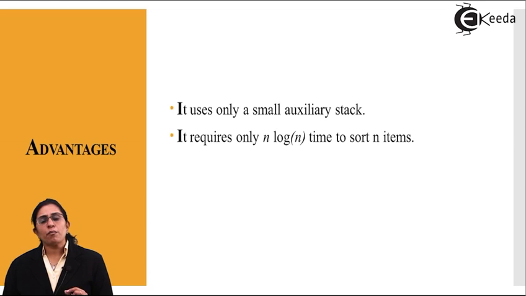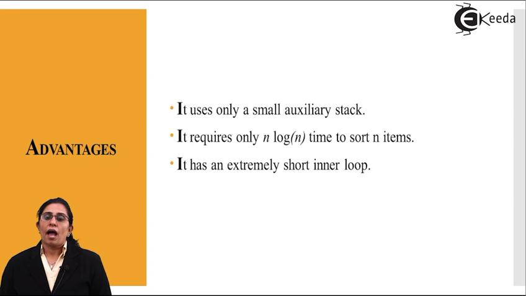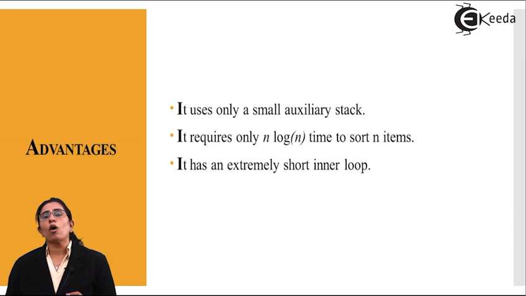So the time required for actually sorting the elements is n log n, as we keep on dividing the list into n by 2 partitions, and it has a very small inner loop, which means that my inner loop only compares the left and the right element. There are no complex loops which will increase the time and the space complexity of my quick sort.